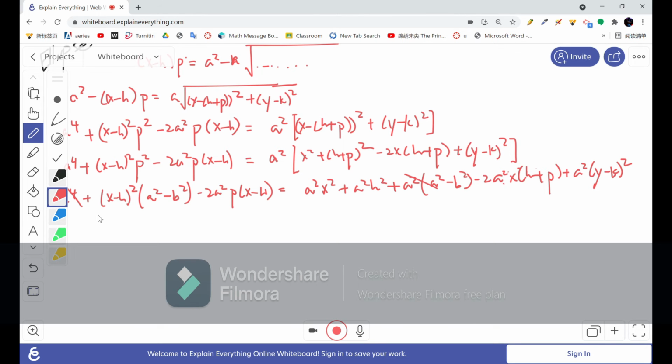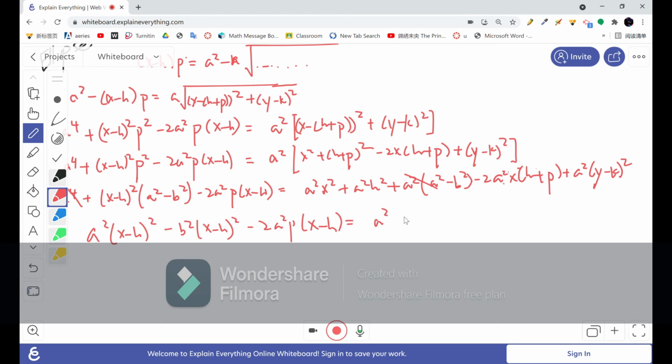So a squared times x minus h squared minus b squared times x minus h squared minus 2a squared p times x minus h. Actually, you can probably use the distributive formula, but we'll see how it goes.